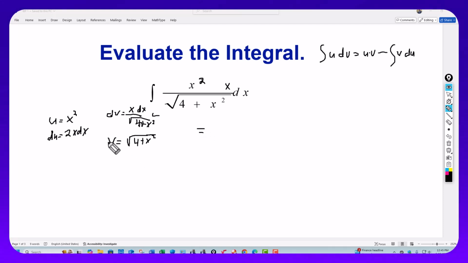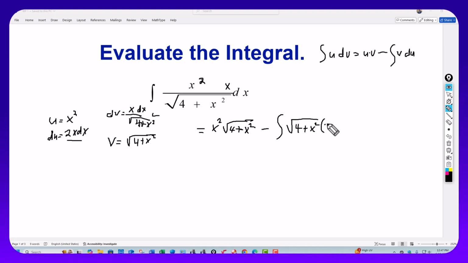And then we set up the problem here. u and v is the first part of the answer, so we multiply those, and we get x squared, and v is the square root of 4 plus x squared. So that's the first part of the answer, u times v. And then from the formula, it's minus the integral of v, and v is the square root of 4 plus x squared, and then it's du, and du is over here.